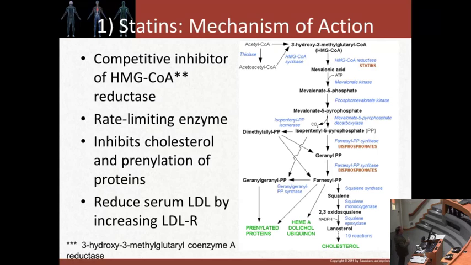Prenylation is really a post-translational modification where you add a lipid moiety to a compound. And so if it's a protein and you prenylate it, it's going to change the solubility of the protein. So typically when you see prenylated proteins, they move from the cytoplasm to the plasma membrane, or from the cytoplasm to the nuclear membrane. So you're basically making it more hydrophobic.